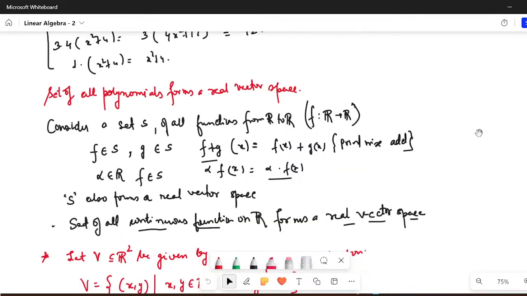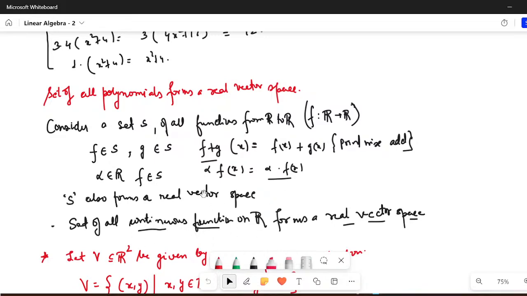Further, we also took another case, the set of all functions from R to R, and we defined the operation of pointwise addition, that is f plus g at x is equal to f(x) plus g(x), and alpha times f at x is equal to alpha f(x). We can say that the set of all functions also forms a real vector space.